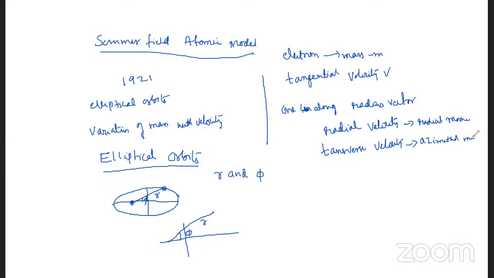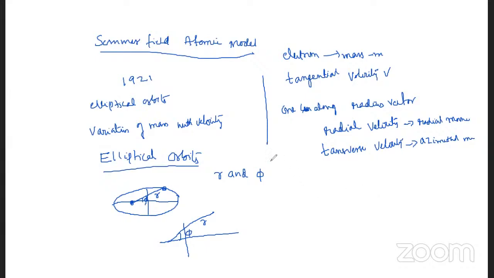Right. Now, when the electron is moving in elliptical orbits, in order to quantize the elliptical orbits, Sommerfeld introduced two quantum numbers.